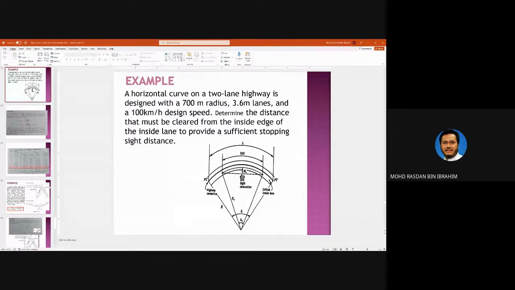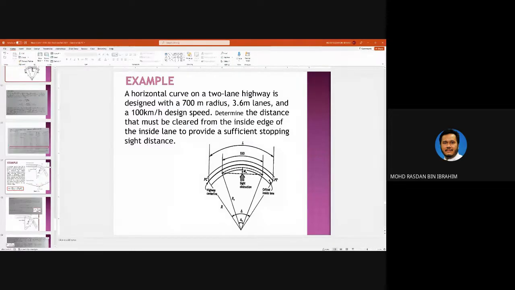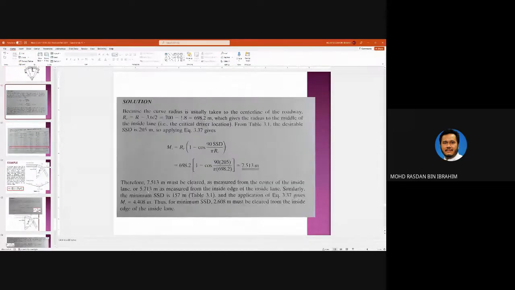Or you minus another 1.8, so the measurement starts from the edge of the inside lane to the obstruction. So the value is 5.713, which is 7.513 minus 1.8.